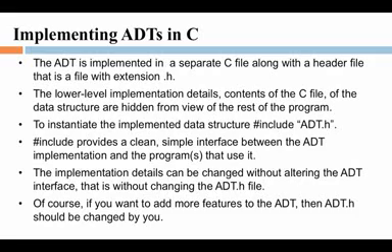Alright, so implementing abstract data types in C. This is extremely important. Let us assume that ADT is the data type that we want to implement in C. The most important thing is that with every abstract data type that you want to create, you will have a separate C file along with a set of header files, that is files with the extension .h.